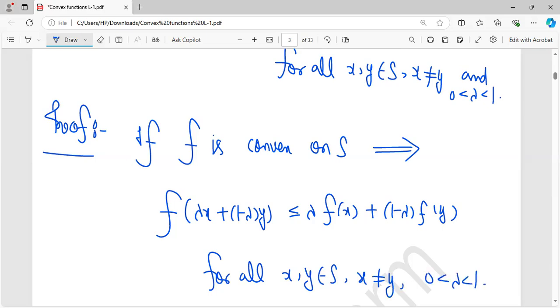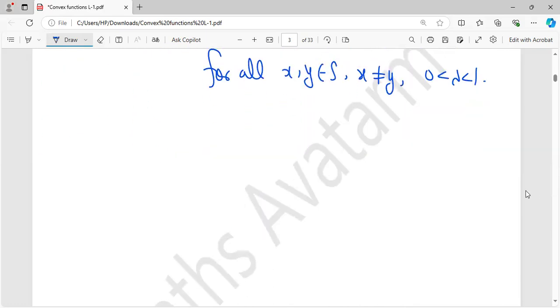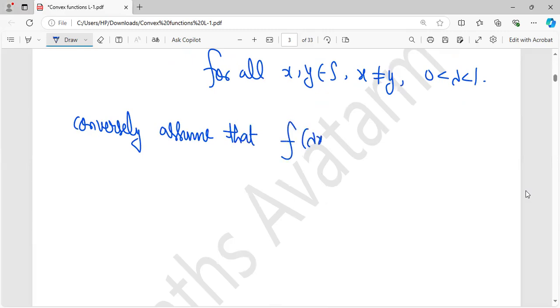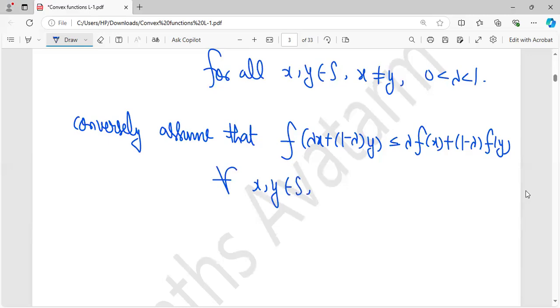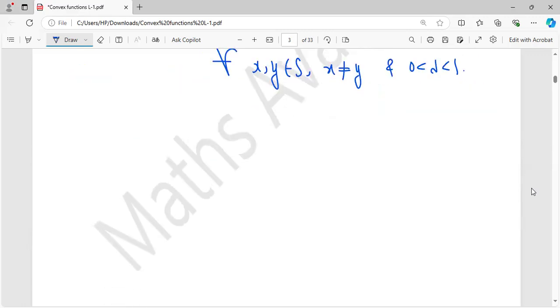Now conversely, assume that f of lambda x plus 1 minus lambda y is less than or equal to lambda f of x plus 1 minus lambda f of y, for all x, y belongs to S, x not equal to y.